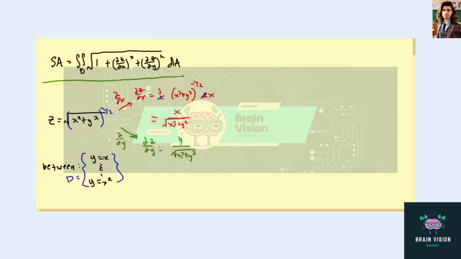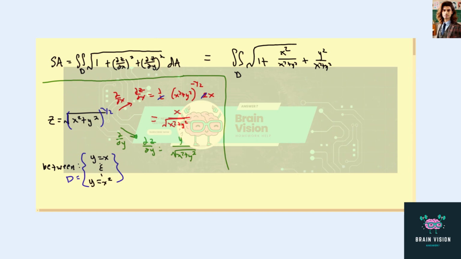So let's plug this into here real fast. This is going to be the integral over this area D of the square root of 1 plus, if I square the partial of x, x squared over x squared plus y squared, plus, if I do the same thing with y, y squared over x squared plus y squared.